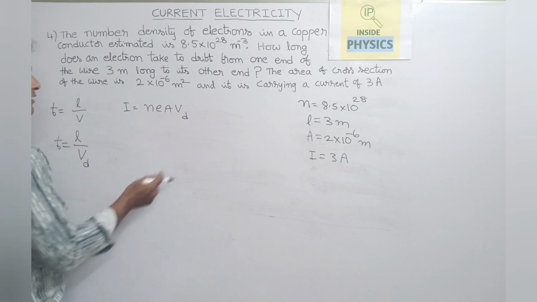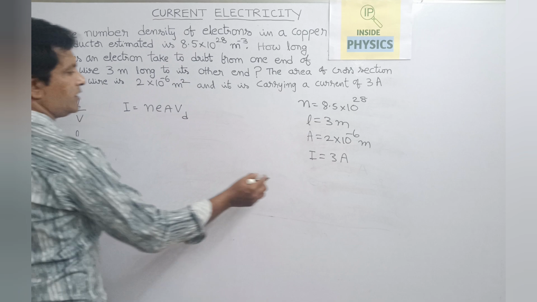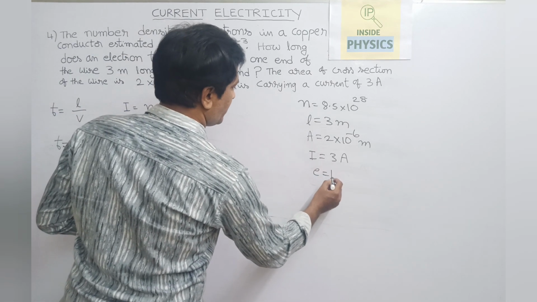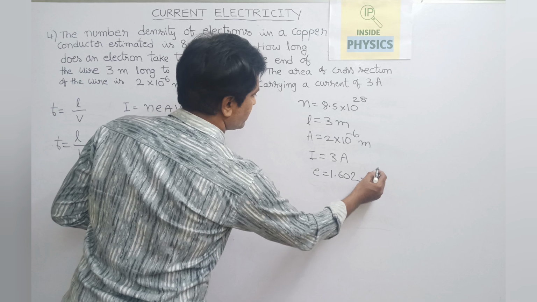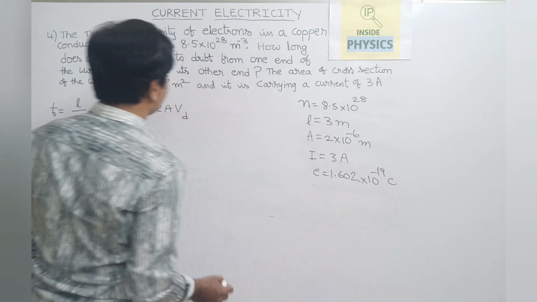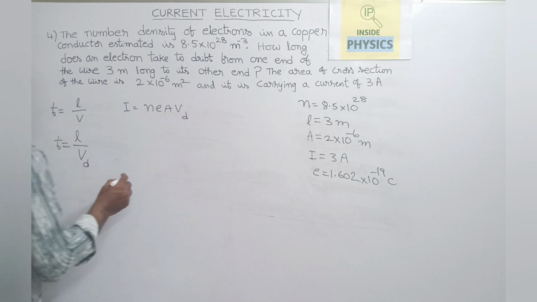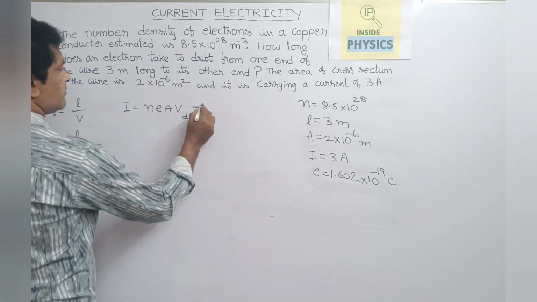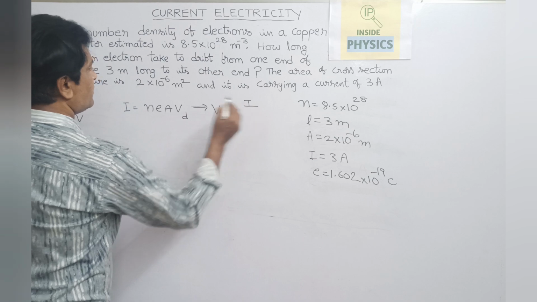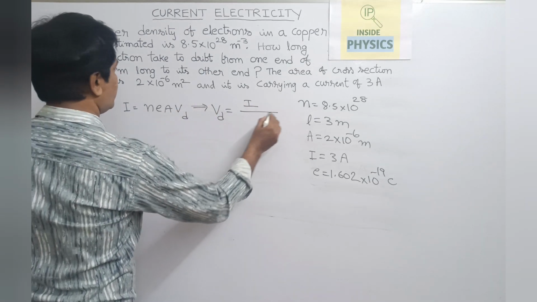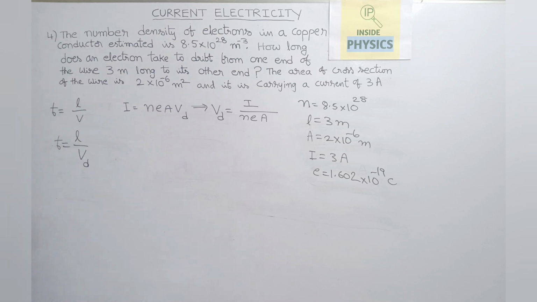So here the data we have written here, and electron charge we already know, 1.602 into 10 to the power of minus 19 coulombs. So with this data we will find what is the time taken. So from this we can write drift velocity is equal to current flowing by NEA, right?